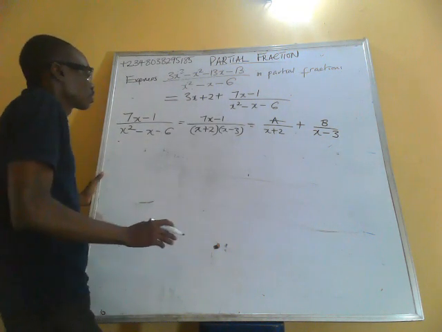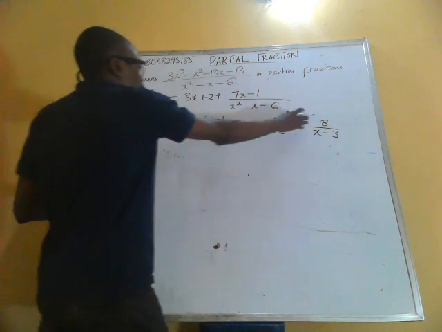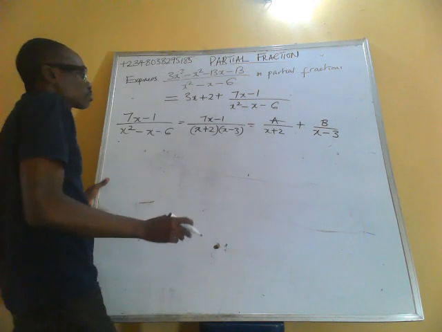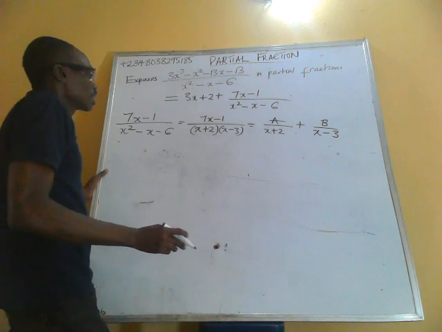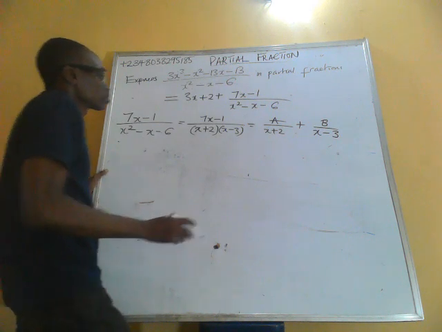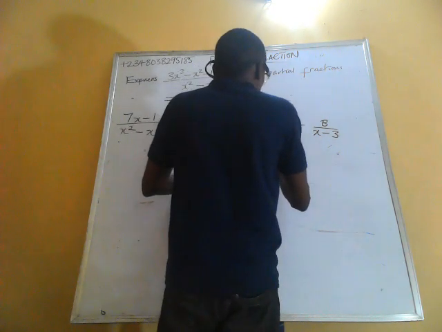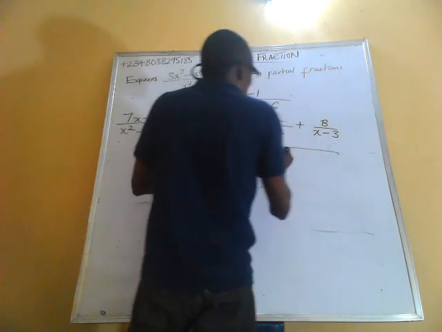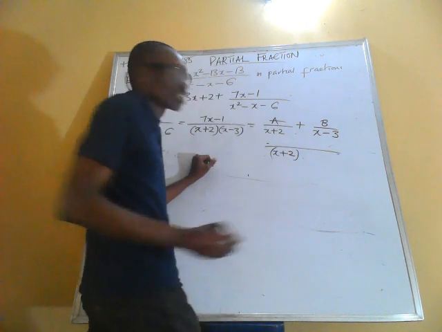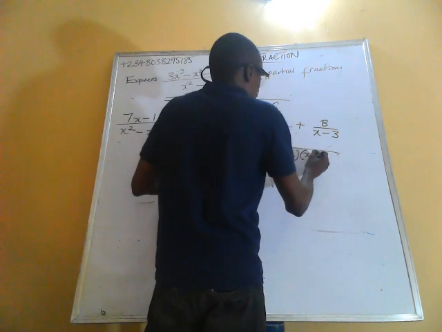When we expand this side, what is it going to give us? When we take the LCM, the LCM here is (x plus 2) into (x minus 3).